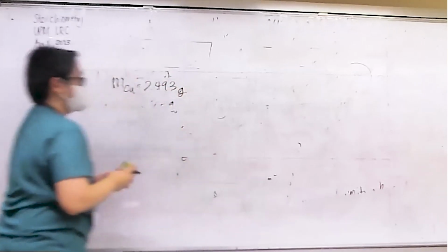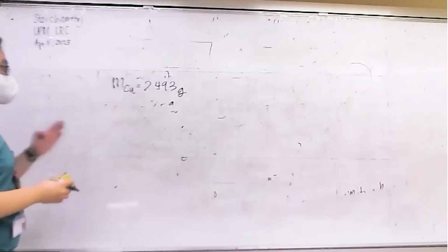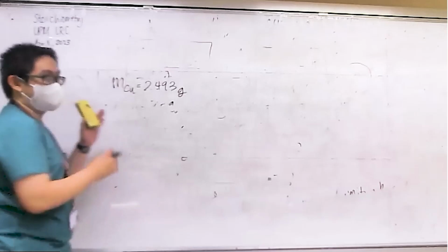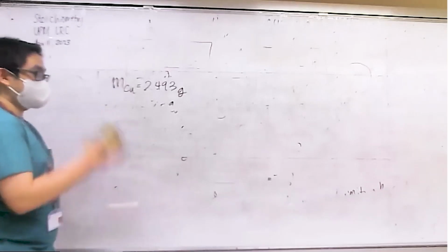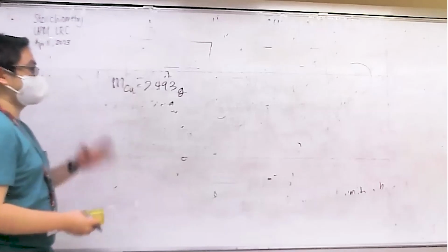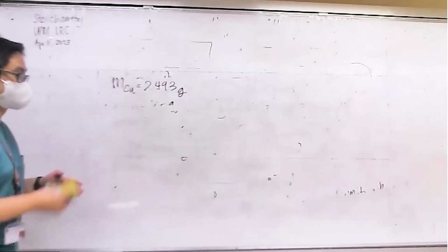Take note lang of the number of significant figures. Very important yan sa buong chemistry course na laging nagpropagate yung error or mas tumataas yung error kapag hindi mo take account of significant figures. So always remember to take account of significant figures.